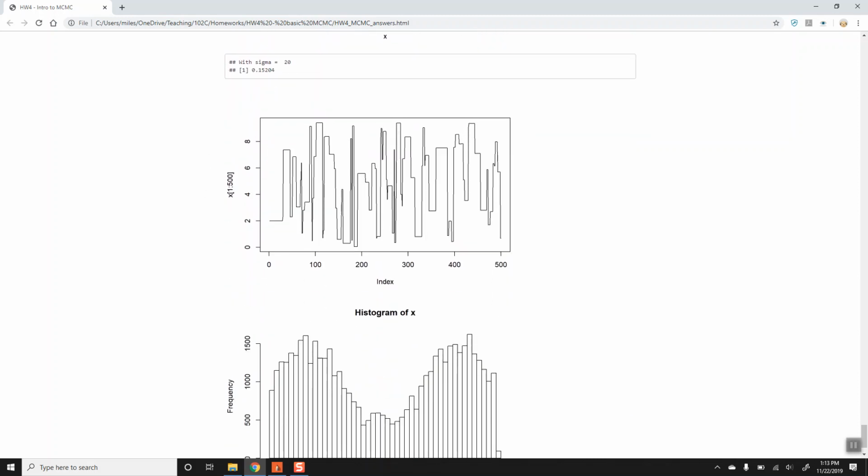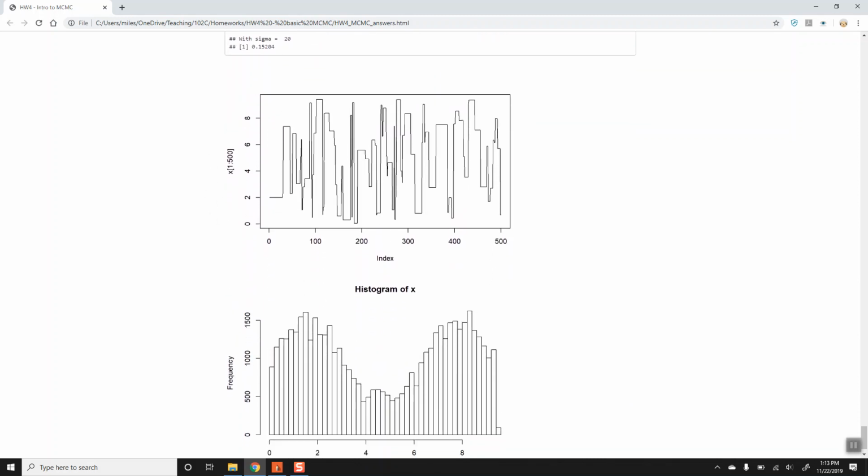On the other hand, we have sigma equal to 20. You're currently at the value 2, and you propose a value like 18, or like -7. So here we're at 2, proposing all sorts of terrible values, and the first 30 or 40 proposals all got rejected.